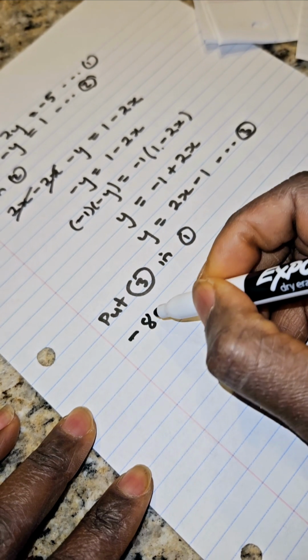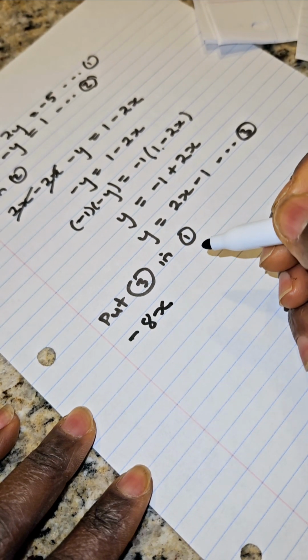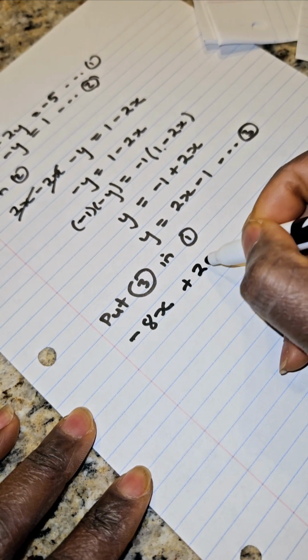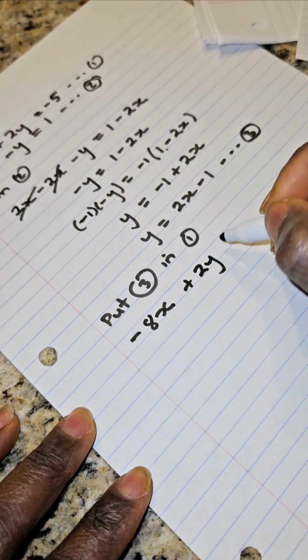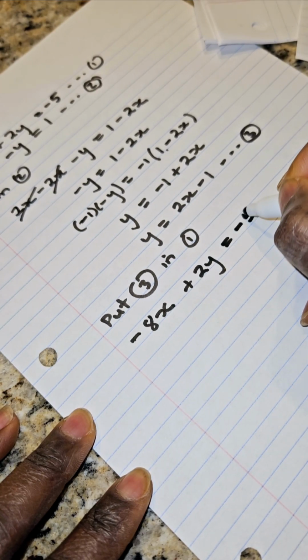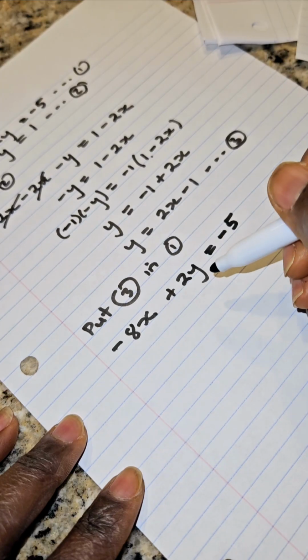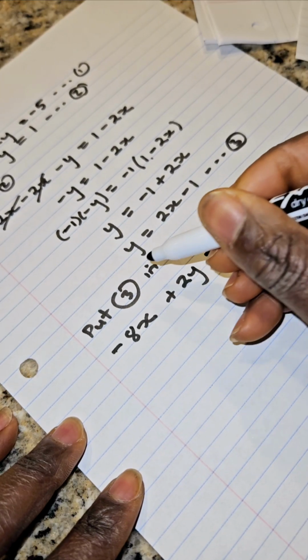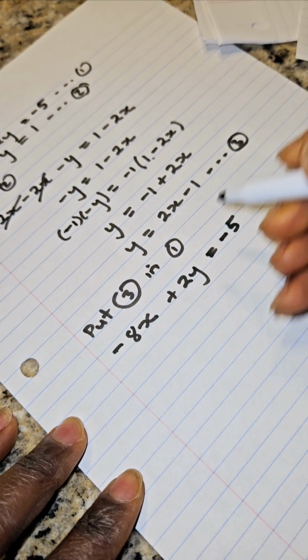negative 8x plus 2y equals negative 5. Now I am going to put, in the place of y, this value, 2x minus 1.